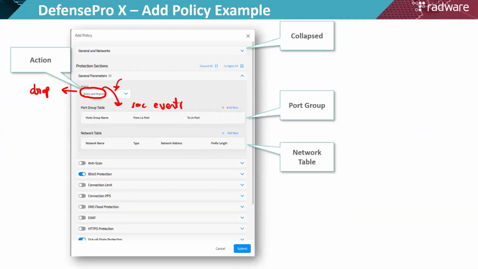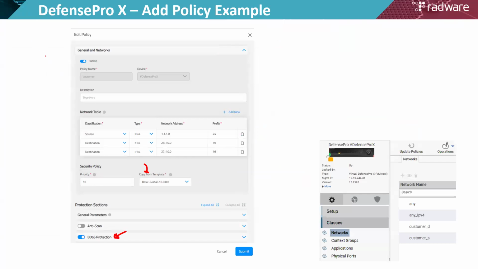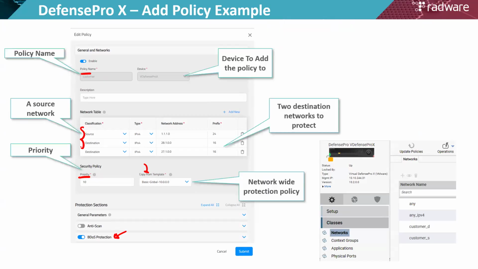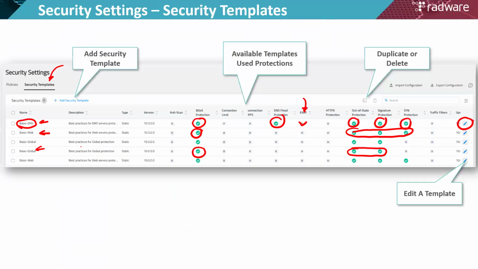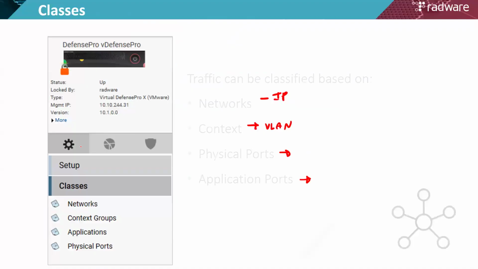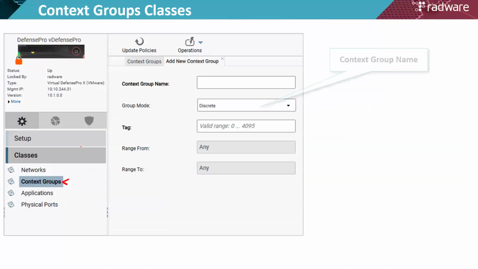So this is the part where we did the exact same thing, like giving a priority, giving a policy name, classifying the network part, etc. So the same thing we are doing now on the DefensePro page, because you can configure the policies either via DefensePro or via Policy Editor. So I have to show this to you.